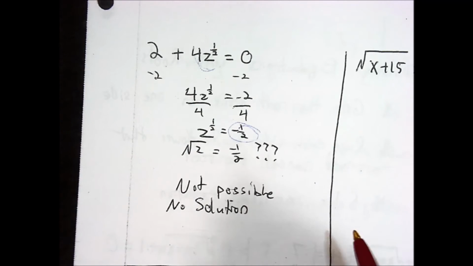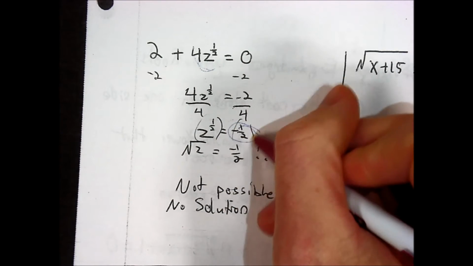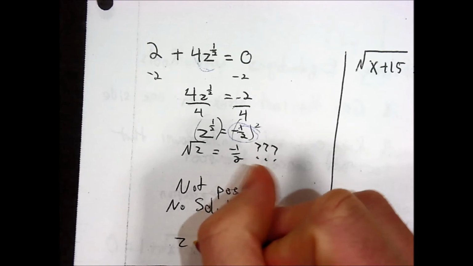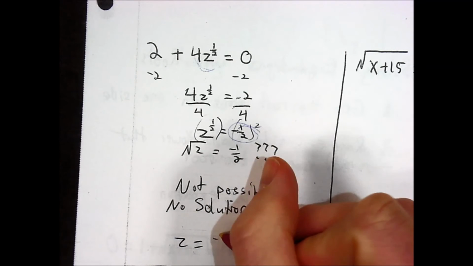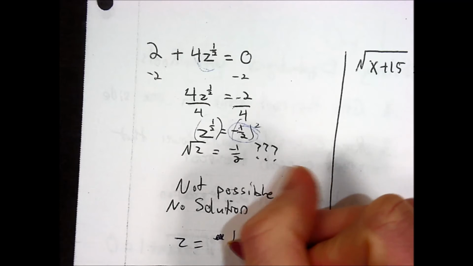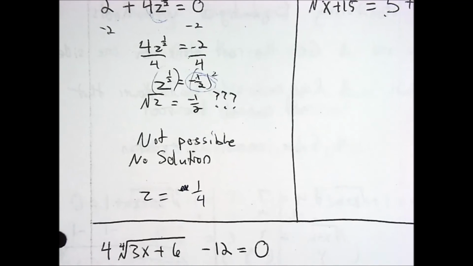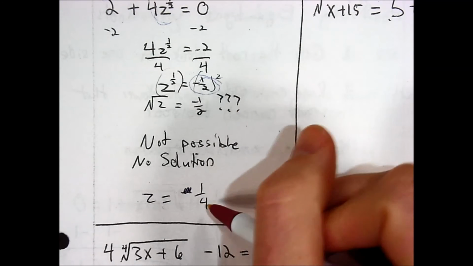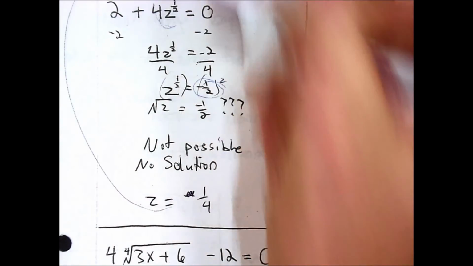Let's say you didn't catch that. Let's say you still went squared squared. We did z equals, not negative, it'd be positive 1/4. Z equals a positive 1/4. And then you go and put that back in up here.